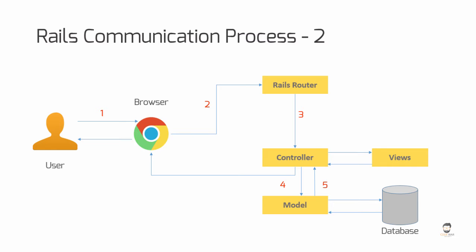The controller then sends the data to the view, and the view renders the page as HTML and returns it to the browser, and the application is viewed by the user. So this is the Rails dynamic communication process.